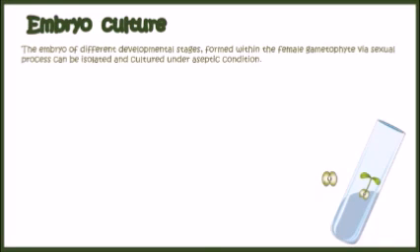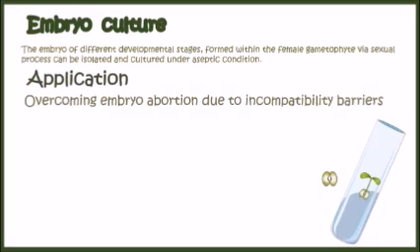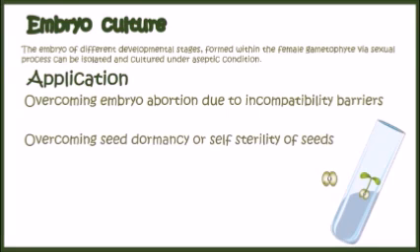There are certain advantages of embryo culture, such as overcoming embryo abortion due to incompatibility barriers, overcoming seed dormancy or self-sterility of seeds, and shortening of the breeding cycle. All of these are advantages of embryo culture.